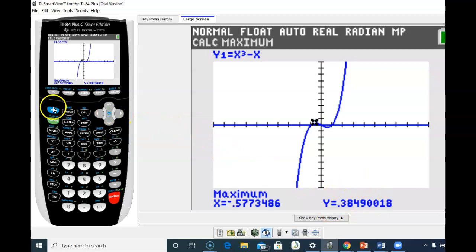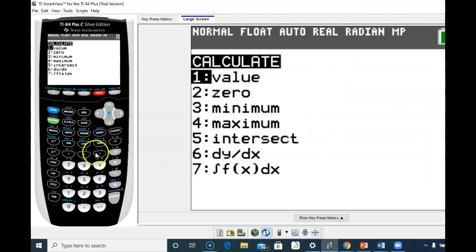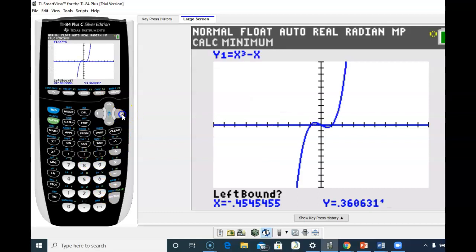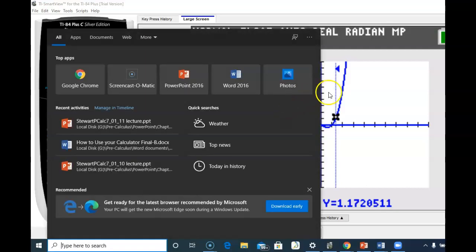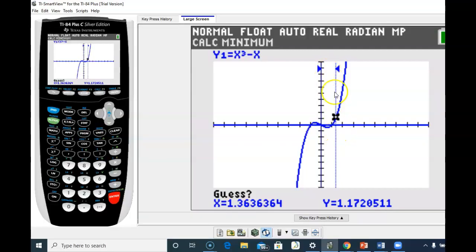Okay, so we're going to do the minimum here. We're going to find this minimum. So we're going to go second, calculate. This time we'll choose number 3 for minimum, and they're actually done exactly the same way, except we're focusing on the minimum. So we'll go left bound, come over and go right bound. So we're looking to find the minimum that's between these values, between these arrows here.